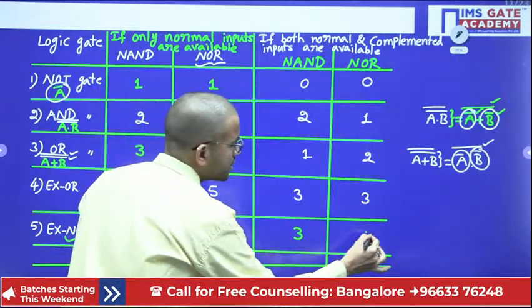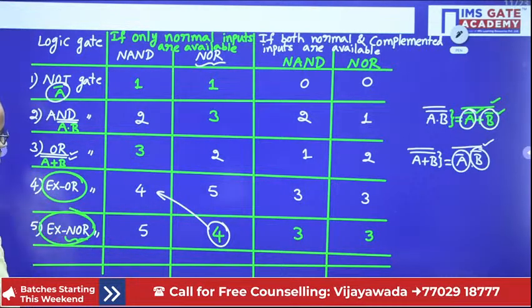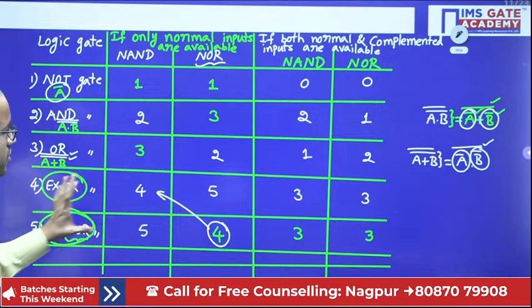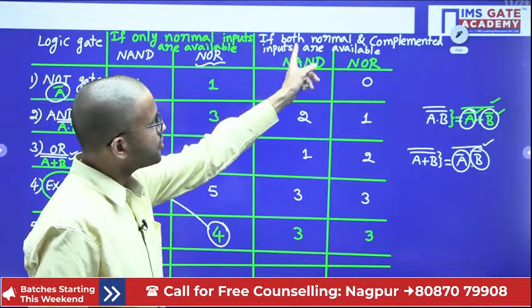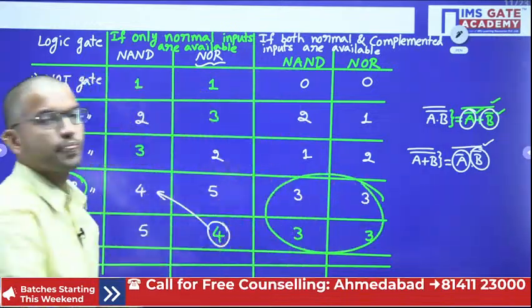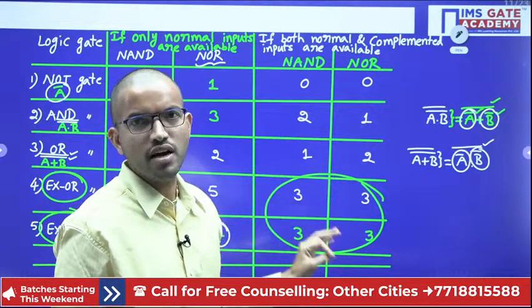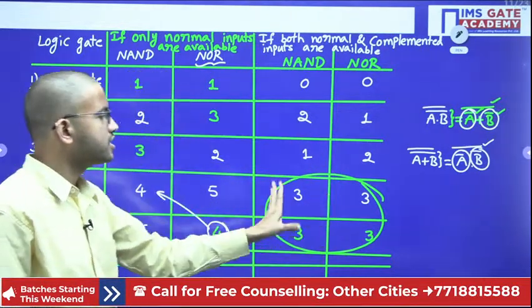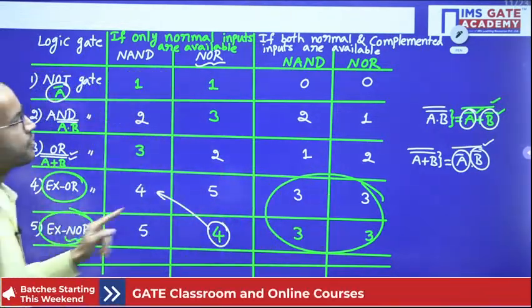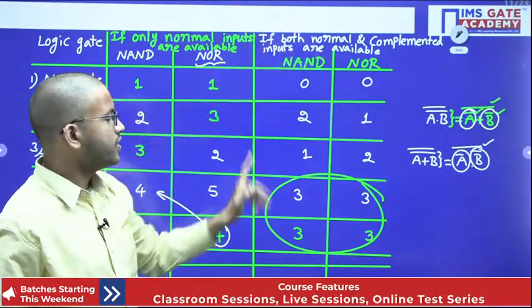So what is your conclusion point? Regarding XOR gate and XNOR gate, for 2 input gates, if both normal and complement inputs are available, in all the cases the answer is the same, 3 only. In all the 4 cases, 3 only. Here, for understanding purpose we have solved, but if you get any question regarding XOR gate or XNOR gate with the help of NAND or NOR, when both normal and complement inputs are available, the answer is 3.